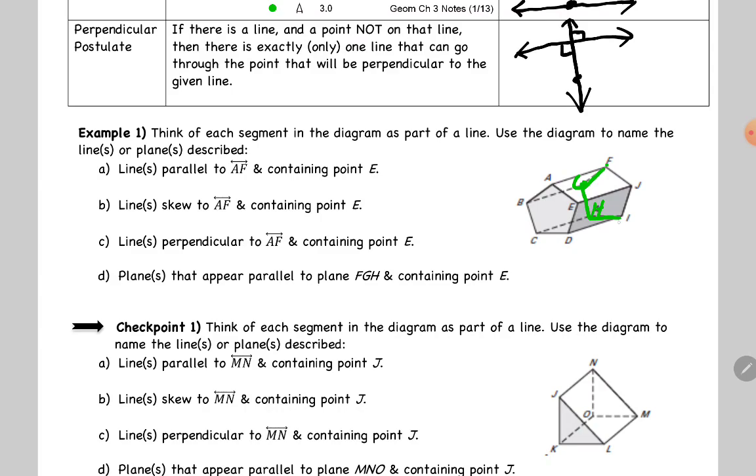So here, here, here, and that'll extend outward. Here's FGH, here's ABD.